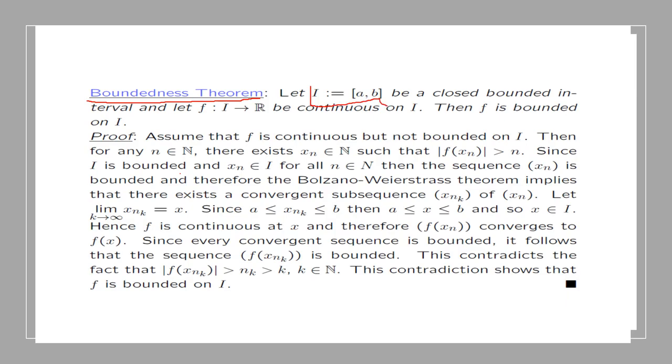Let I be the closed bounded interval [a, b], and let f be a continuous function on I. Then f is bounded on I. What this theorem is telling you is the following: if f is a continuous function on a closed bounded interval I, then f is bounded on I. That is, every continuous function on a closed bounded interval I is bounded on I. In short, that's what the theorem is telling you.